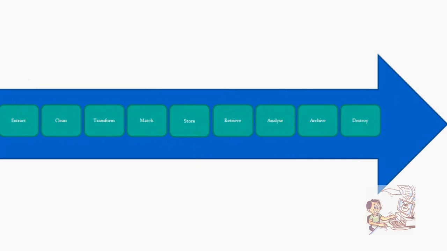At that time, the starting month of the business, I'm archiving, and the new month's business I'm inserting into the database. So the archived information, if it is required, we can store somewhere, or if you want to destroy it, we can destroy it also.